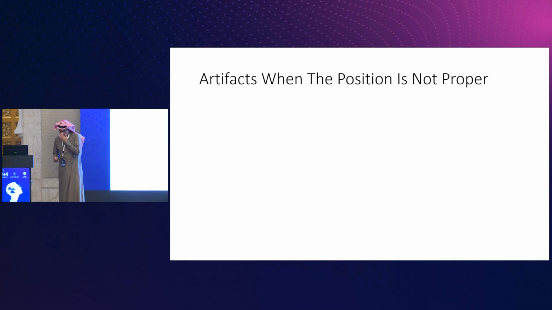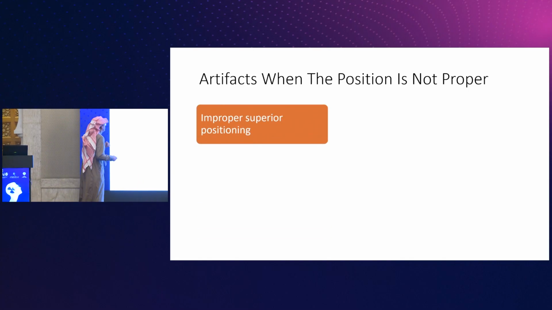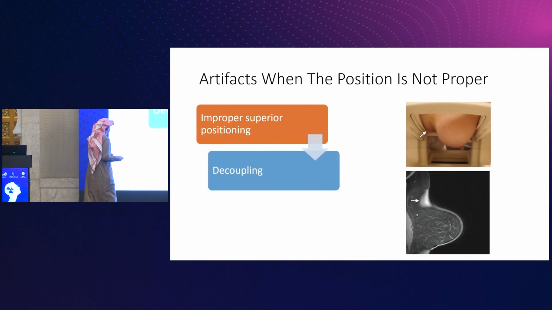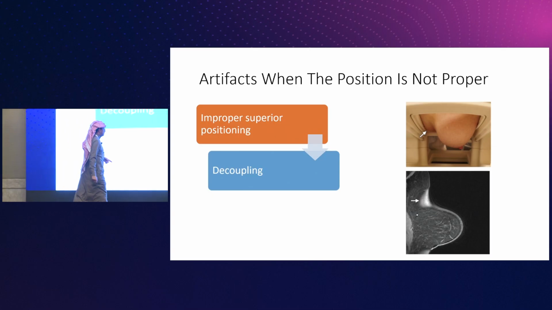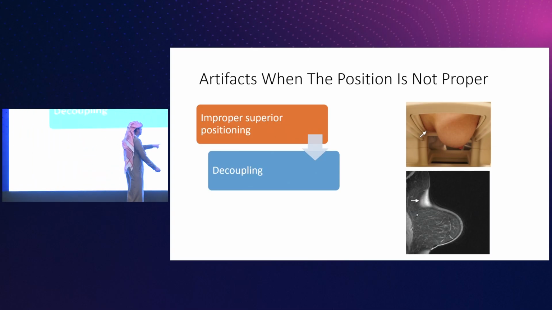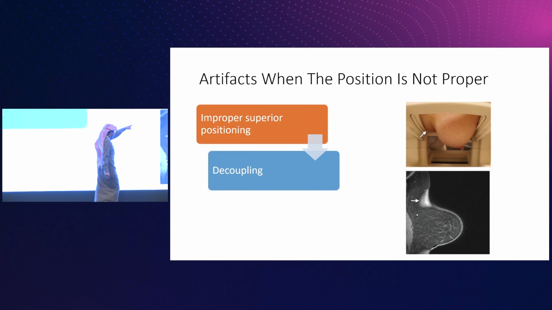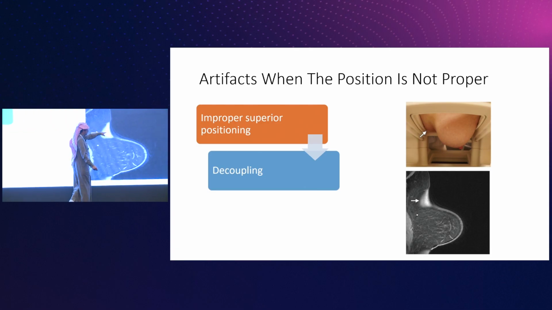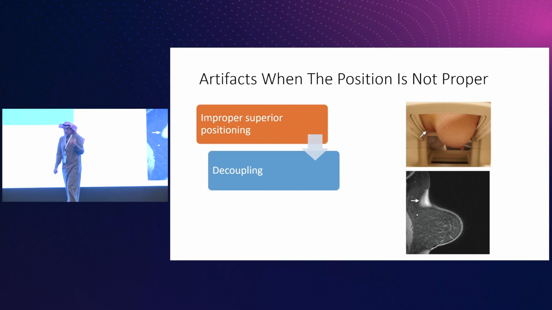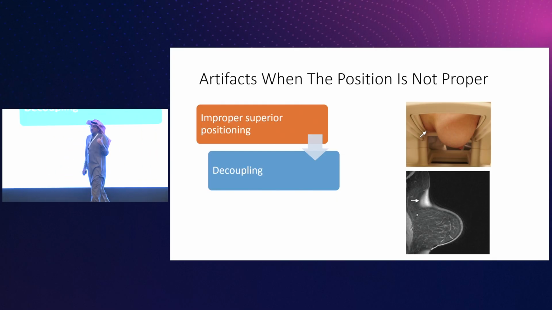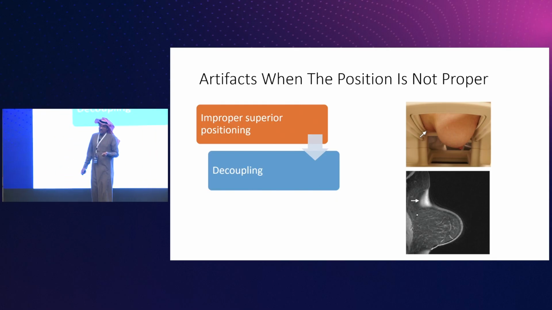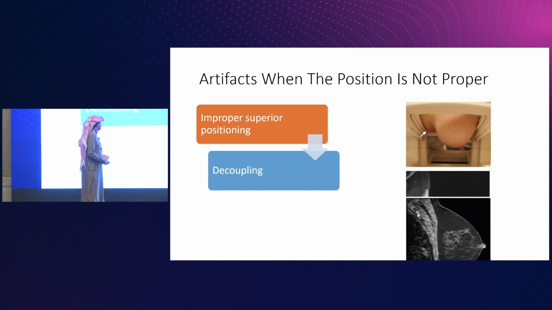The expected artifact, if the position is not proper, is decoupling. You see here? Because she is not positioned well, she pressed her chest over the coil itself, and that caused decoupling and resulted in inhomogeneous fat sat.